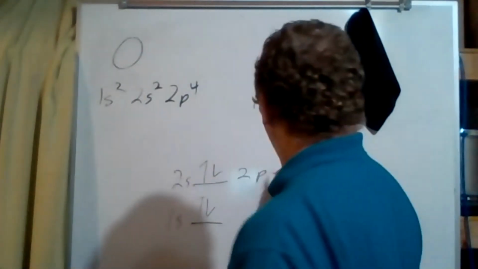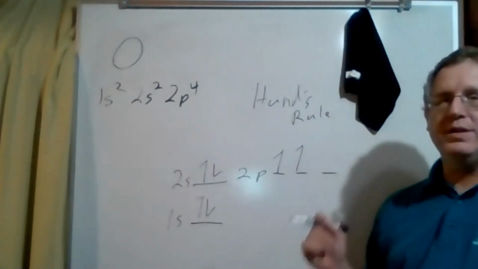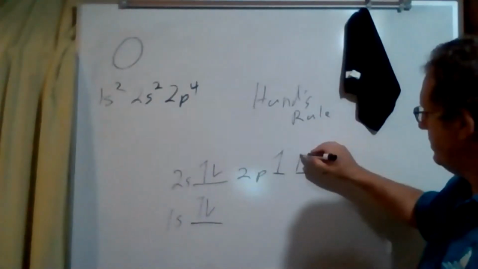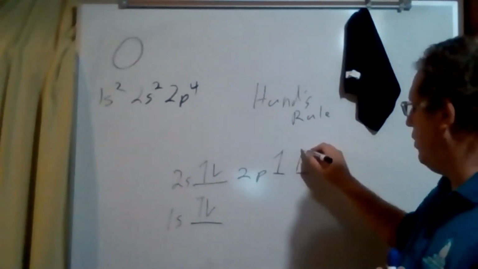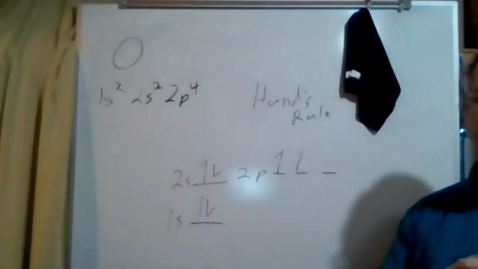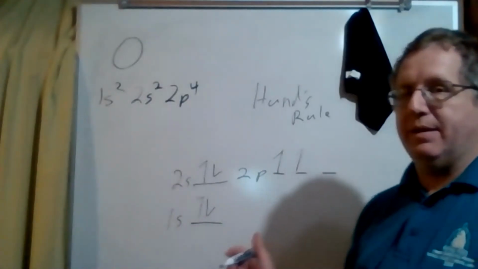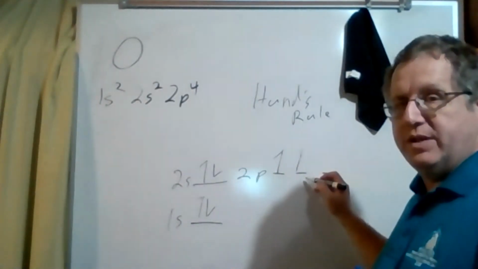The reason is because two electrons are both still negatively charged, and those negatively charged electrons are going to repel each other. So even though they can be in the same orbital, because I have opposite spins, I'm not going to have them in the same orbital if there's another orbital of the same energy available.